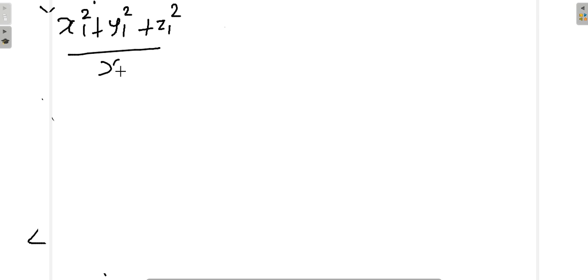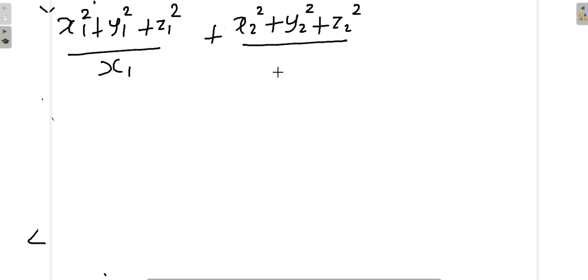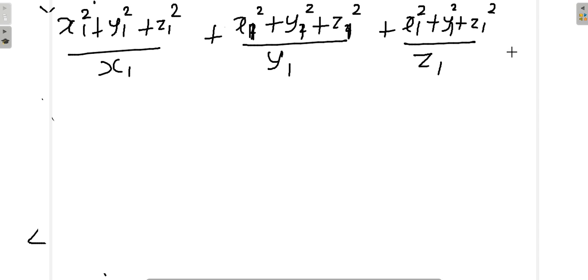So what is the final answer of our locus? The x-intercept is x1 square plus y1 square plus z1 square upon x1, upon y1, and then upon z1. The sum is k. So you can take this common.